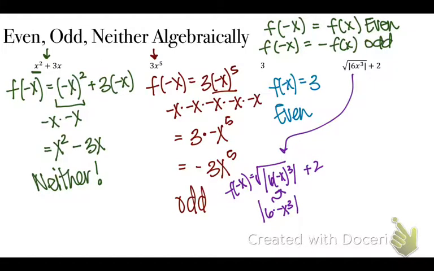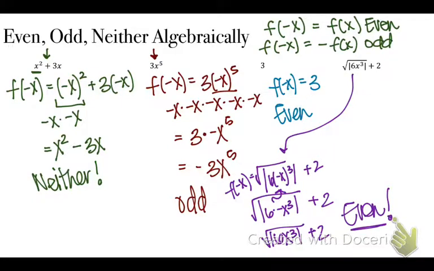And the absolute value of a negative is a positive. So really, this is the same thing as 6x cubed, positive, because whatever we get out of there is going to be the same, whether it's positive or negative, plus 2. So this one is even. Okay. Remember, if you have an absolute value, it always comes out positive.